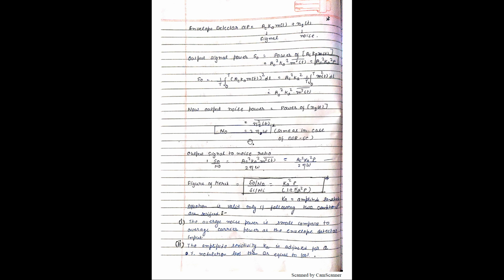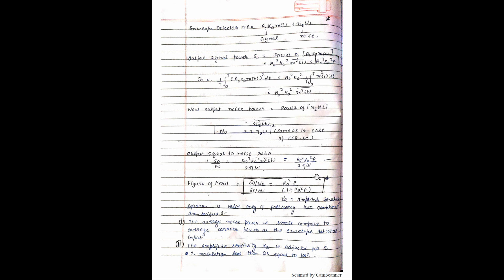And in case of DSB-SC, we already found the output noise power that comes as 2 into eta into W. Now we can find the output signal to noise ratio, which comes as this expression.